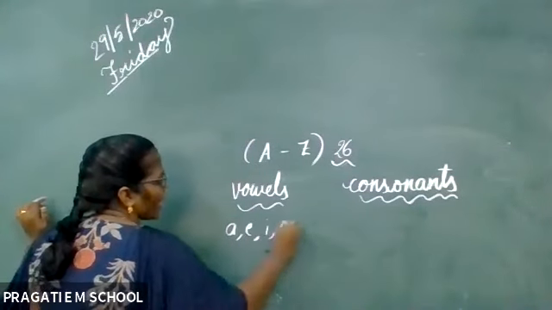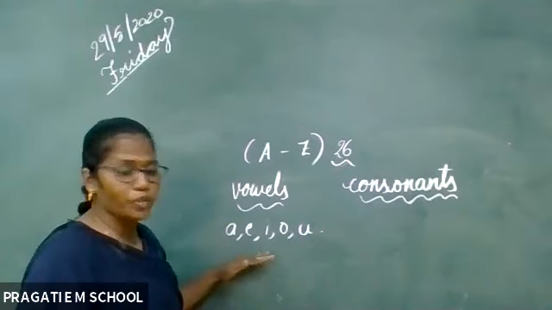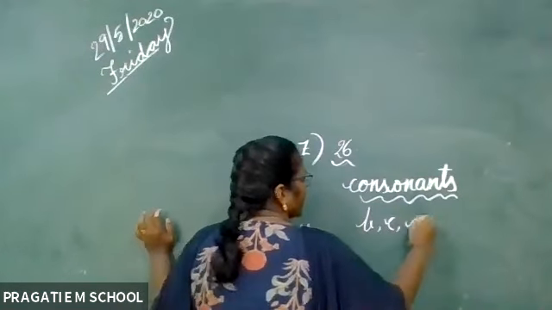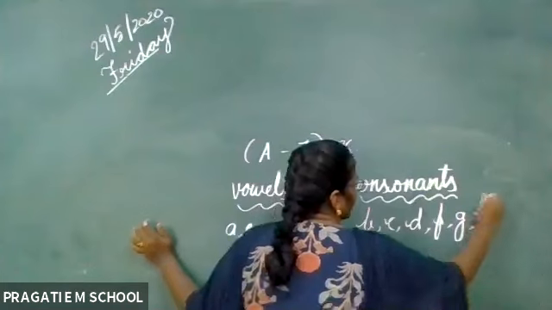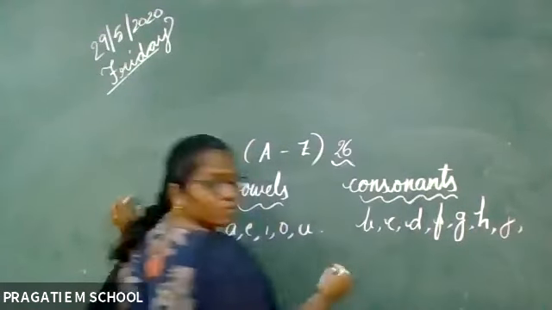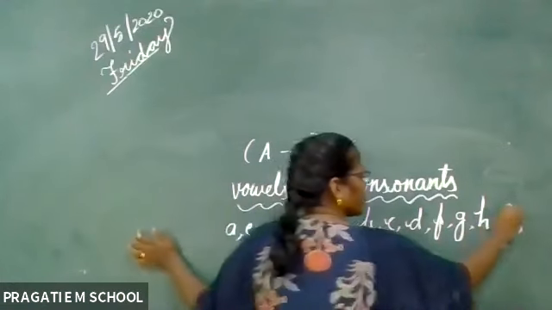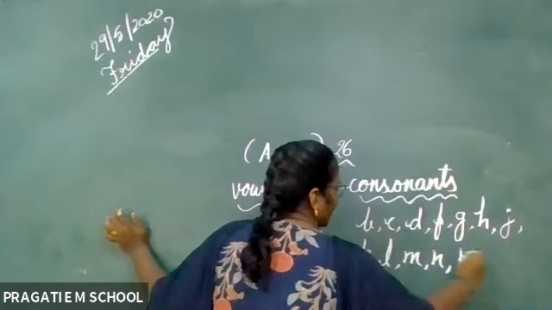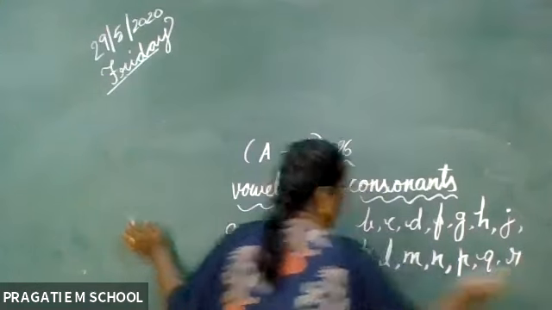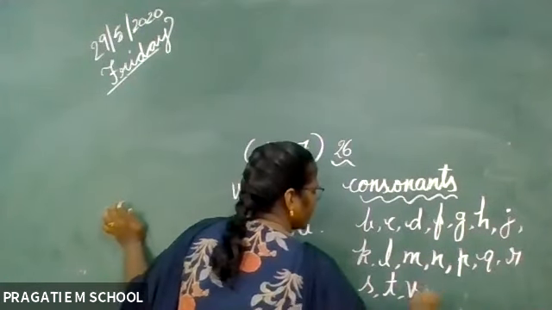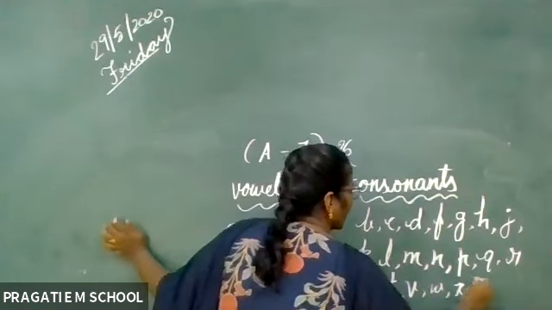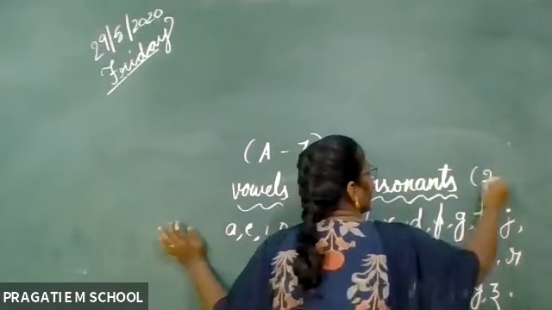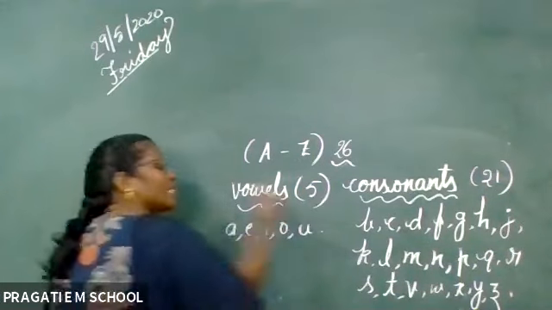As we all know, the vowels are A, E, I, O, U, and consonants are the remaining: B, C, D, F, G, H, J, K, L, M, N, P, Q, R, S, T, V, W, X, Y, Z. Consonants are 21 in number. Vowels are 5 in number.